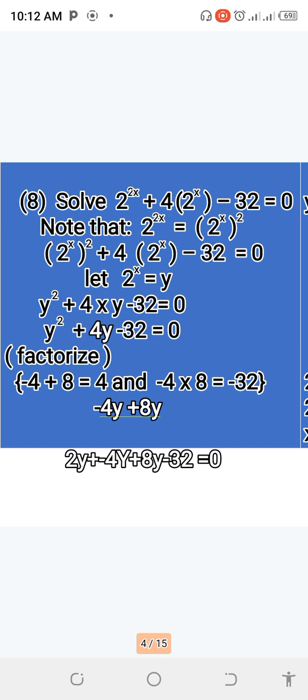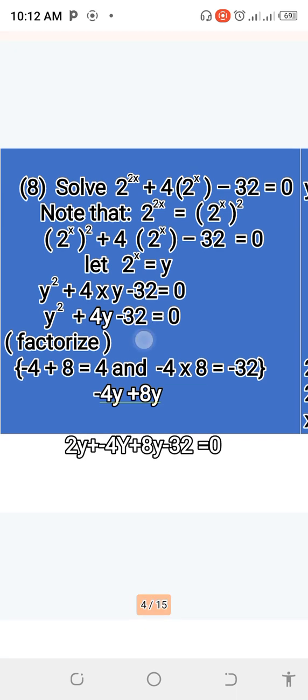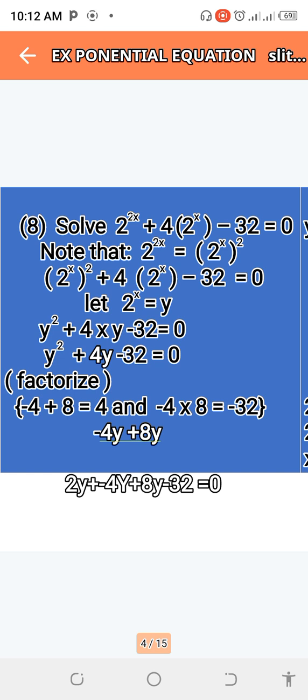To factorize this equation, we have to look at the constant. The constant is what? 32, which is this. We are going to take a look at the 32, and what we are going to do there is to find out 2 factors of 32 that when we multiply these 2 factors, we will have minus 32, and when we sum these 2 factors, we have 4.